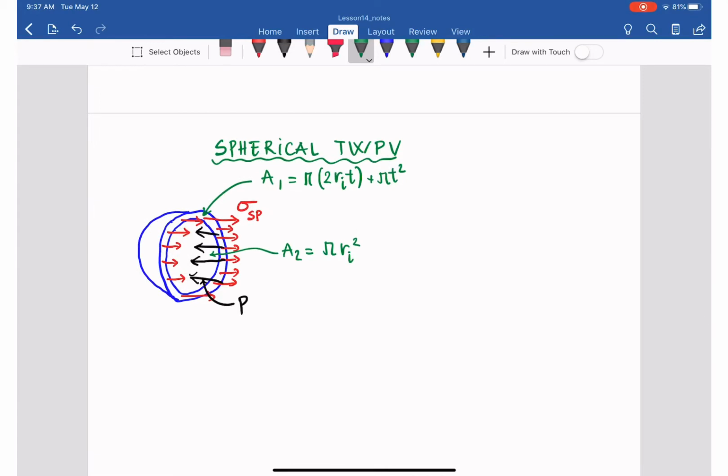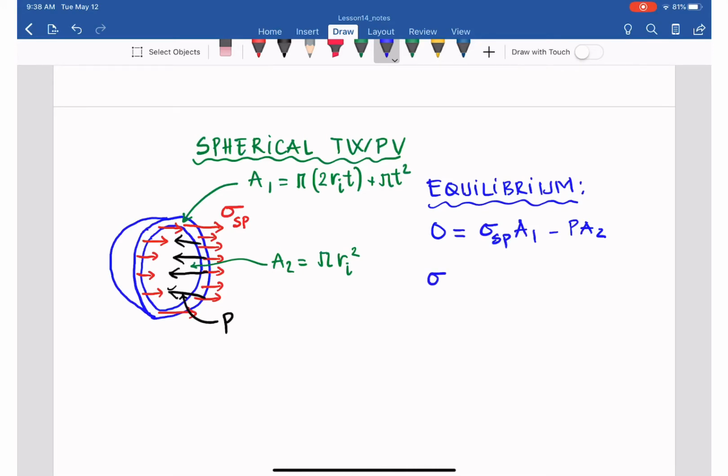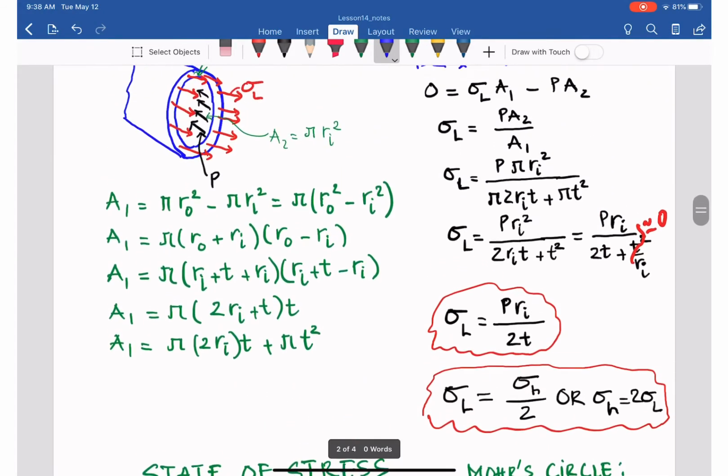And we can apply equilibrium the same as we did before. So we use equilibrium, and the sum of all the forces equals 0. So we have 0 equal to sigma of the sphere, in any direction that you have, times area 1, minus P A2. And of course we do exactly the same as for the longitudinal stress, as you can see with the equilibrium and transformation.